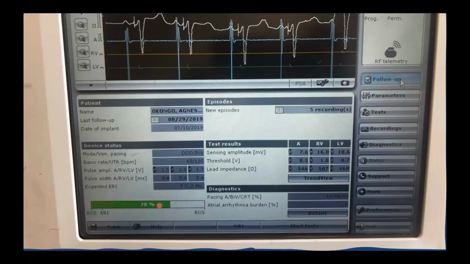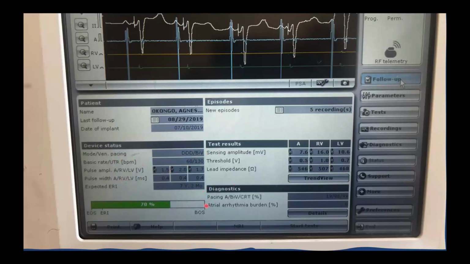You look at the battery, and you look at the programming modes to ensure that the mode, which is DDD, is also programmed not for RV pacing, but for biventricular pacing. You look at your parameters, a basic rate, etc., and you look to see how you've programmed the outputs in terms of the amplitude and the pulse width.